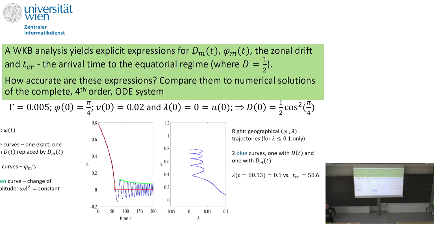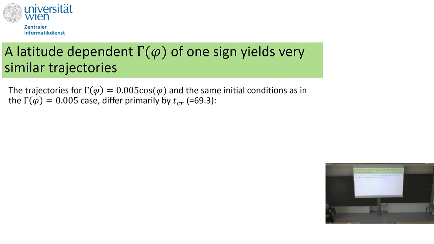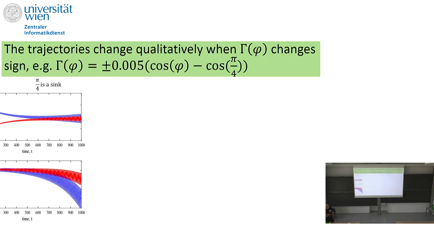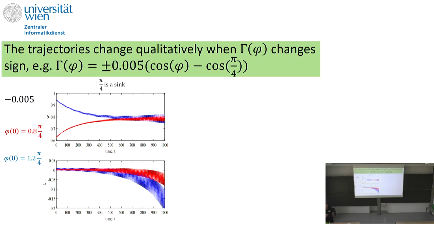Quickly I'll go over this. This is what happens when you make gamma vary with phi, the same magnitude but times cosine phi. Very little difference. If we go now to the zonal direction, something very interesting happens when the wind stress goes through zero.